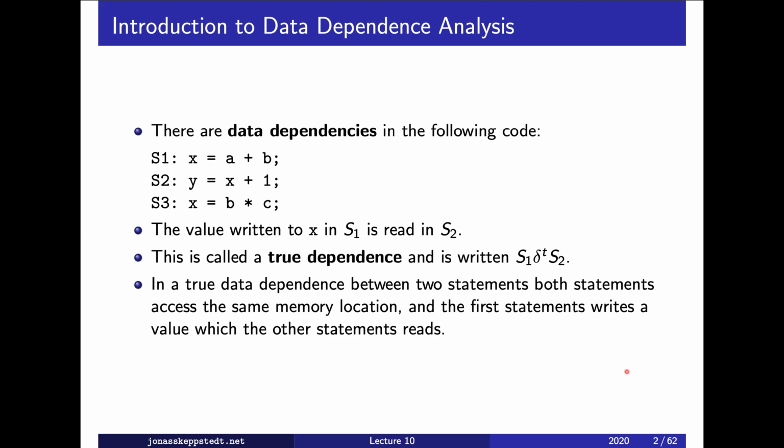So we write that as S1 precedes S2, and S2 has a true dependence on S1. We use the delta, and then which kind of dependence; we saw earlier that there was a control dependence, and that was marked as a C. It's always the one which should execute first, which is to the left side of the delta.